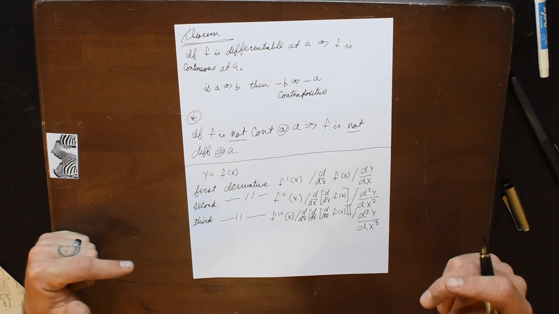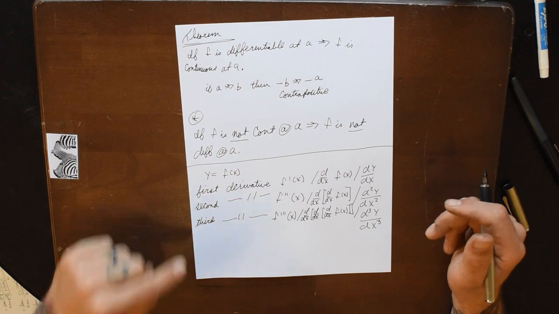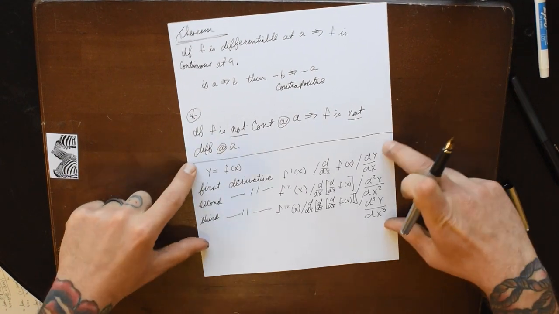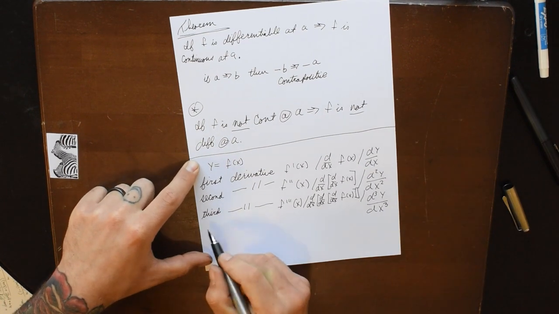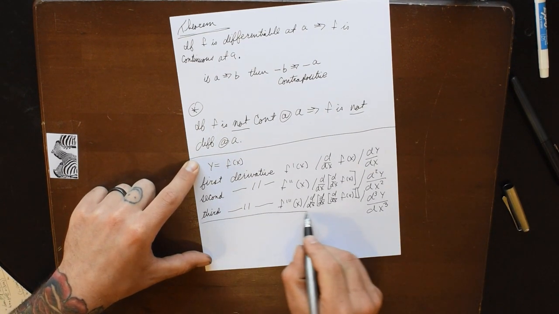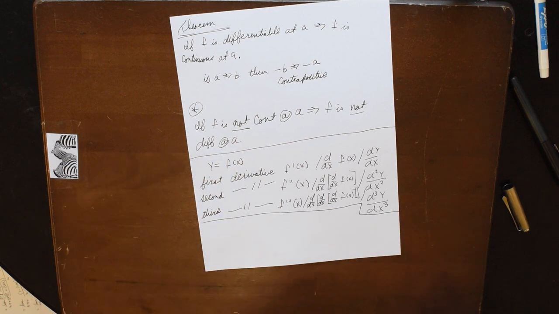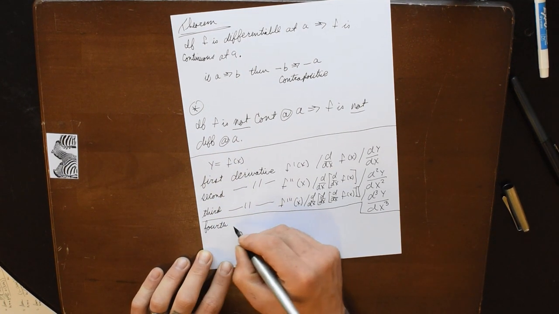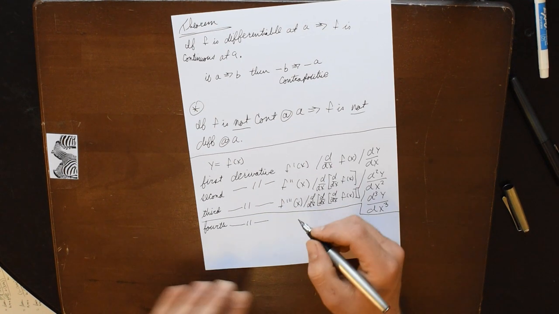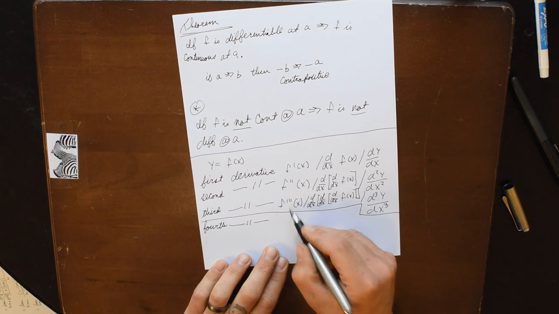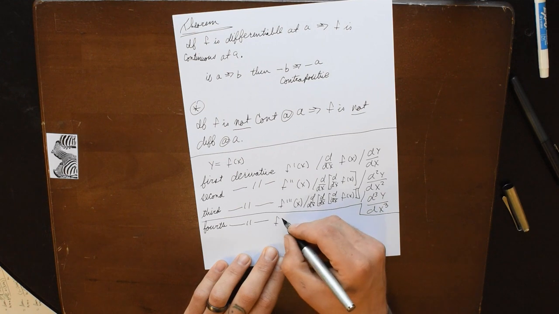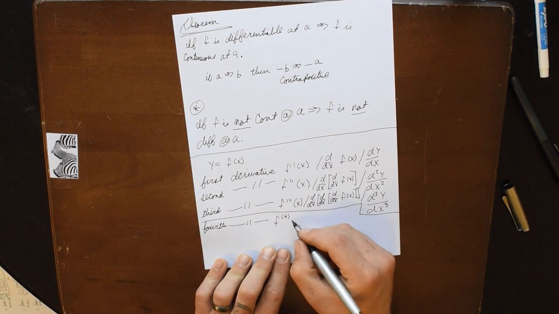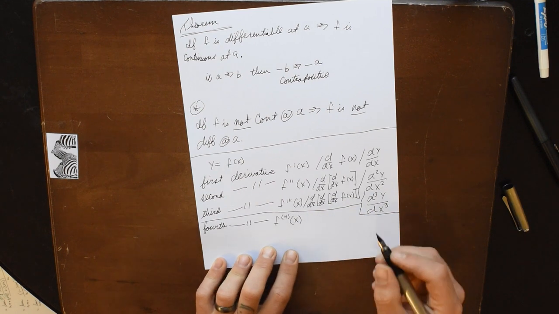This pattern can continue. I'll show you the fourth and then we'll do it in the general case because the first, second, and third follow this pattern. The fourth, instead of doing these tick marks, it's common to just put a 4 in parentheses as a superscript.